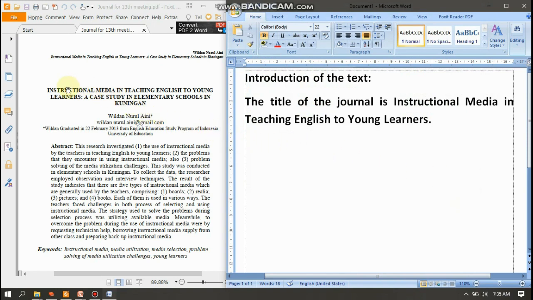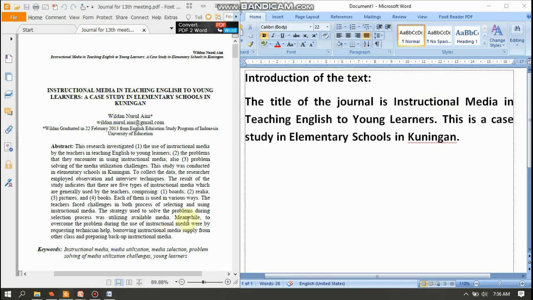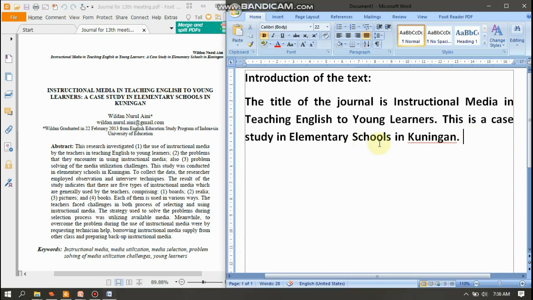By the way, there is a colon in the title. It means that we can divide it into two sentences, like this. This is a case study in elementary schools in Kuningan. You will learn about case study in the research in language teaching course.